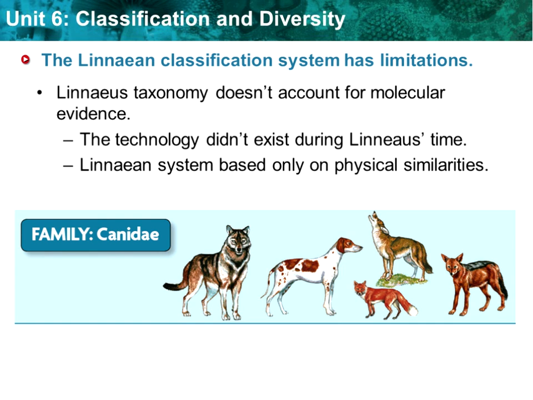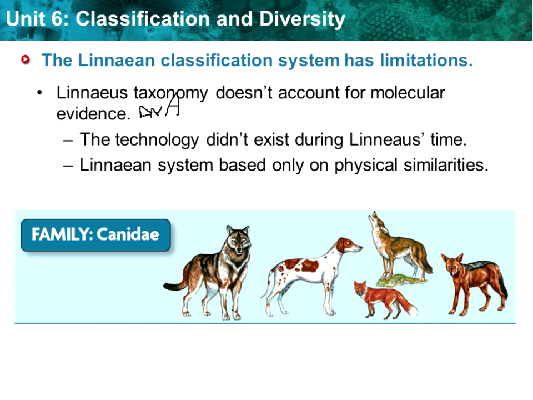Okay, so the Linnaean classification system does have limitations, though. It does not account for molecular evidence, which is DNA. Linnaeus, when he was alive, nobody on Earth knew about DNA. So DNA is not included in this classification system.